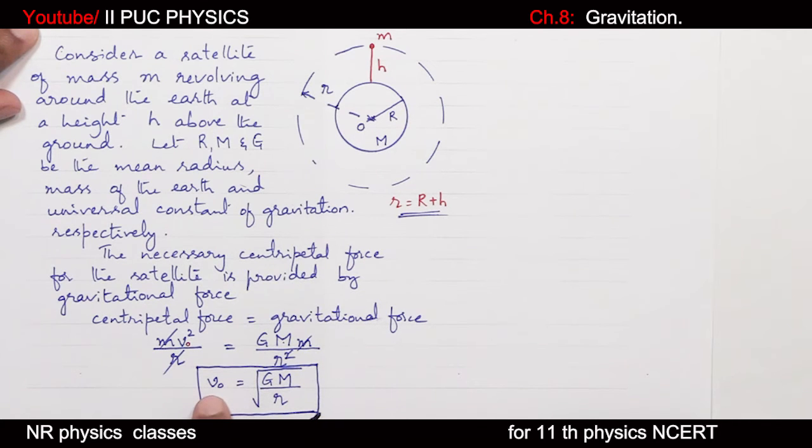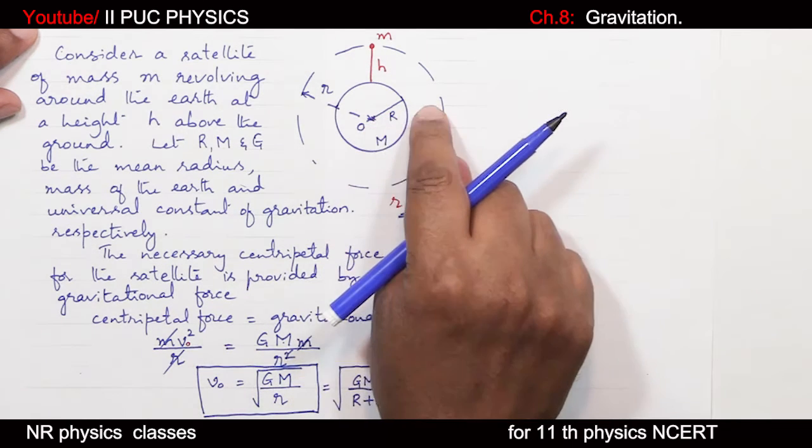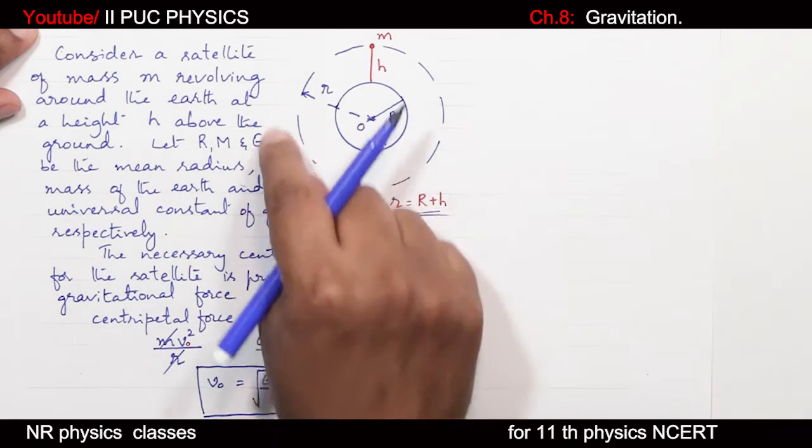Observe, orbital velocity is independent of mass of the satellite. This is also equal to root of GM by R plus h. Small r is R plus h. So with the increase in h, orbital velocity decreases. So as the satellite goes away from the Earth, its speed decreases.